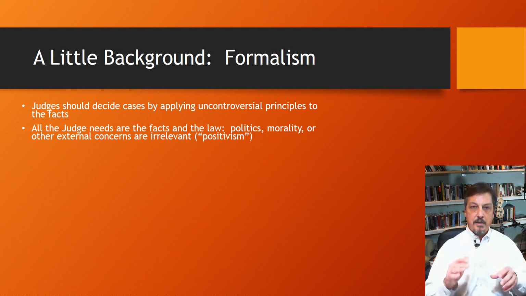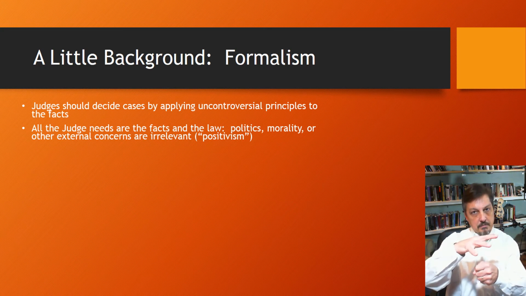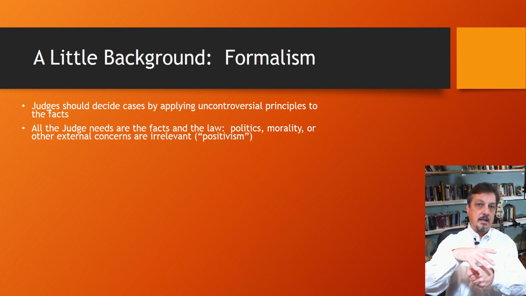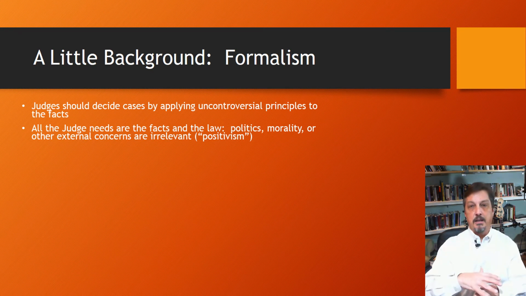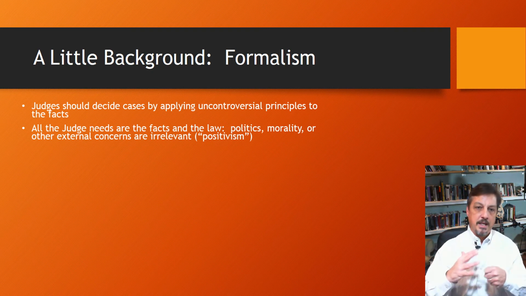Now, in that first bullet, you can see there are some similarities here to natural law. Natural law thinkers would say, okay, there are some principles that are the natural law. Some of those are relatively uncontroversial, like, say, the principle against non-contradiction, or the principle that the good ought to be pursued and evil ought to be avoided.